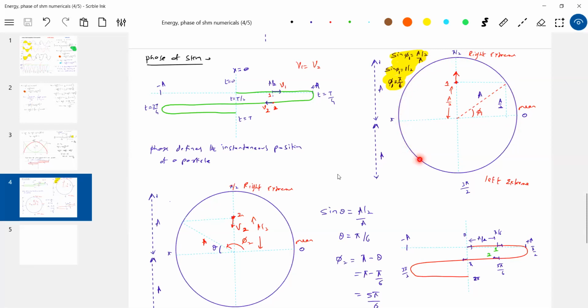It is a phase diagram. It's a diagram, that's all. It's a graphical representation of the motion. How is the object moving in the spring block system? It is moving horizontally. That's all.